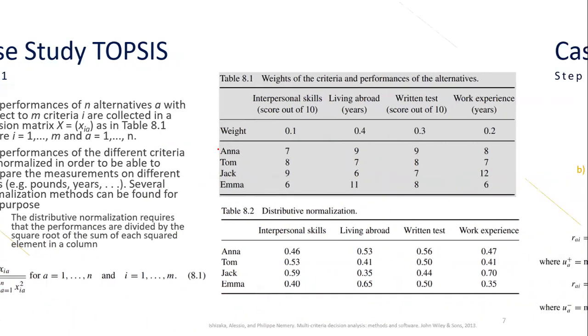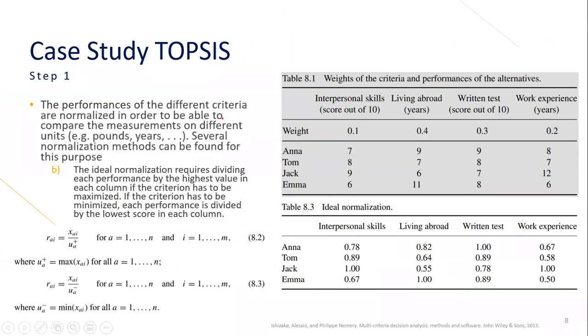Next. Like I mentioned earlier, there are several ways, not only one way, to calculate the normalization. The previous one we call distributive normalization. This one we call ideal normalization. Ideal normalization uses different formulas, this one and this one. What is the difference?